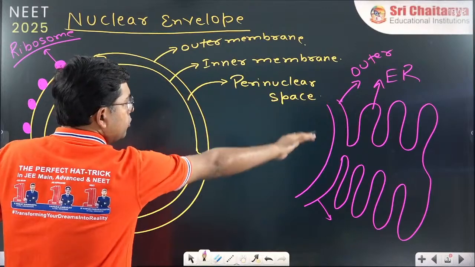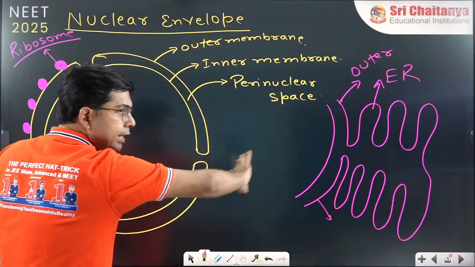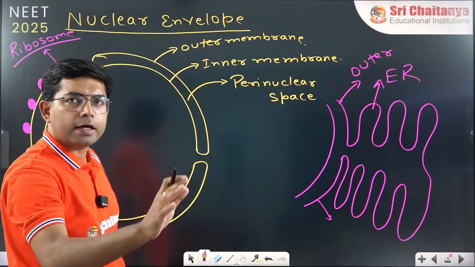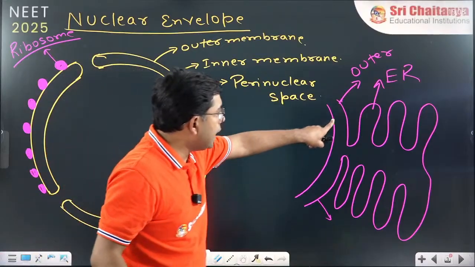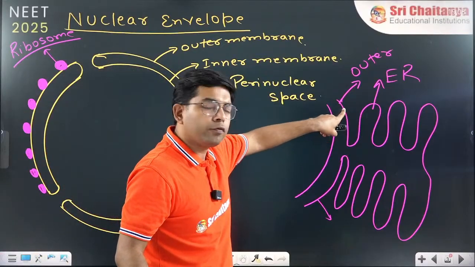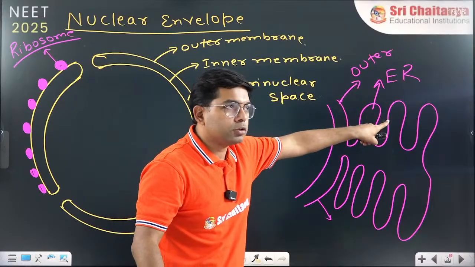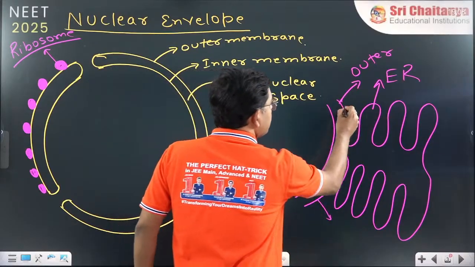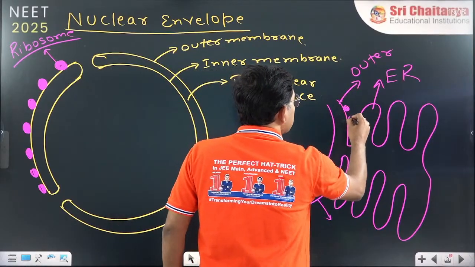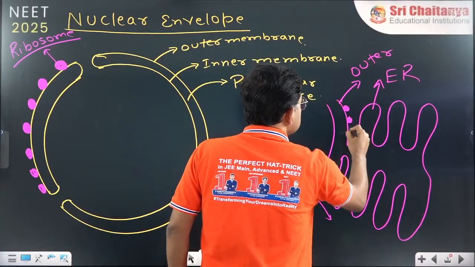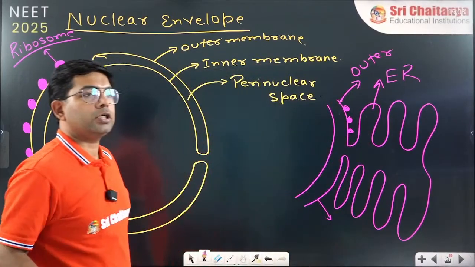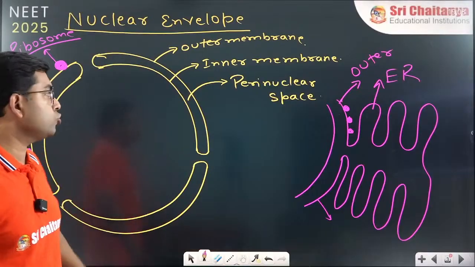We are not going to get into the detail of ER, we have already covered it. Just remember that the outer membrane of the nucleus is continuous with ER, and the outer membrane also has ribosomes present on its surface. Another question: who will tell which ribosome is present?